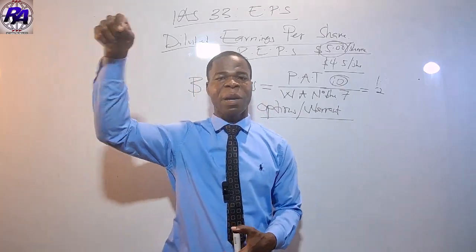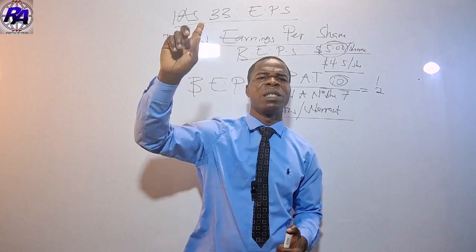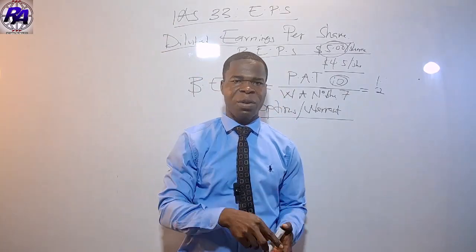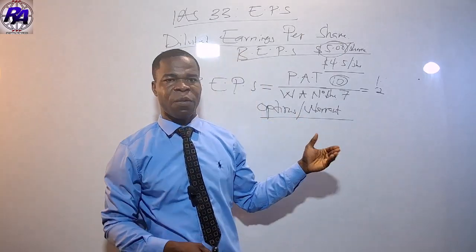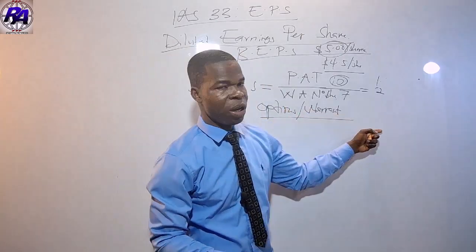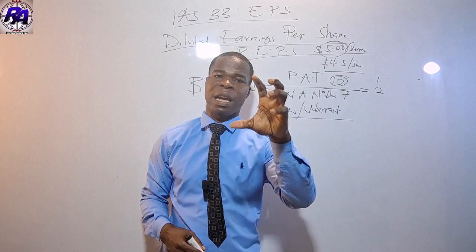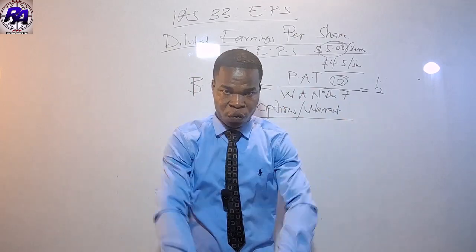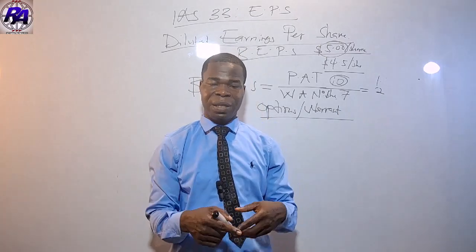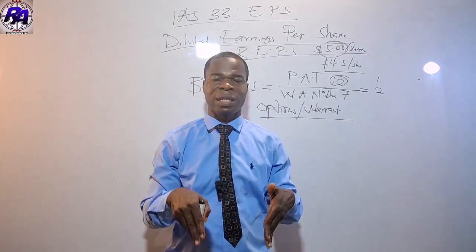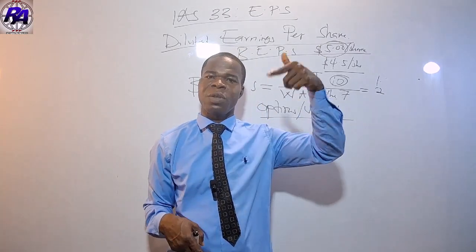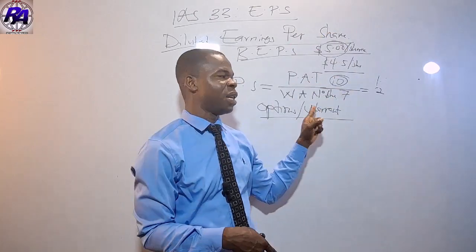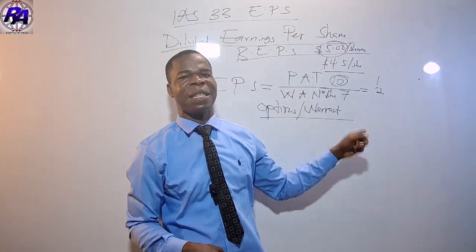That party is given some form of right to be performed in the future at a predetermined price. We can say that in 3 years to come, we will sell a number of shares to you at a price that has been determined today. So the contract is today, but it's going to take effect in the future. When that happens, there might be an issue of diluted earnings per share.